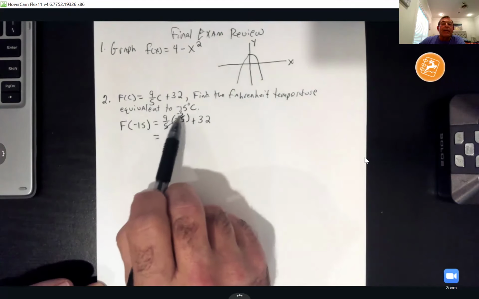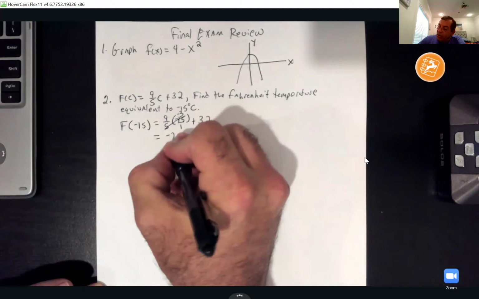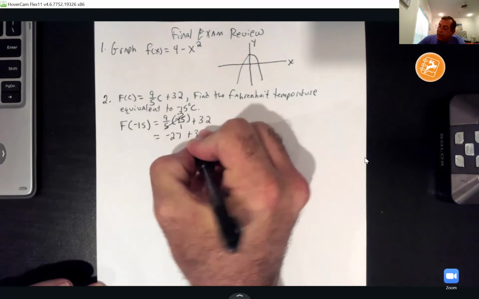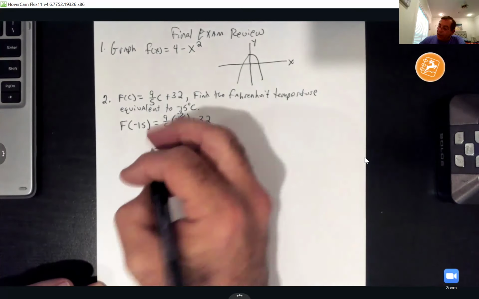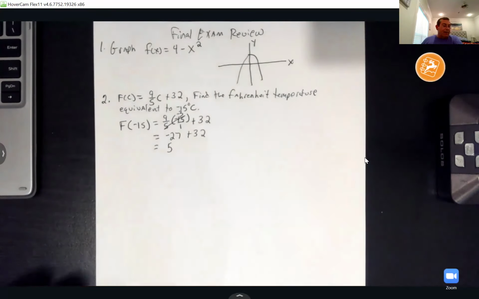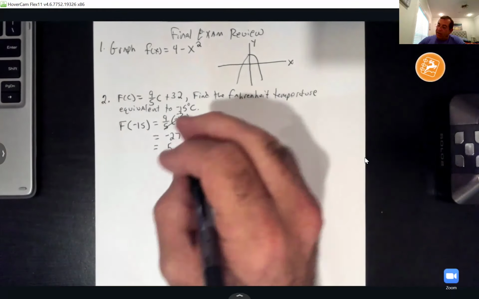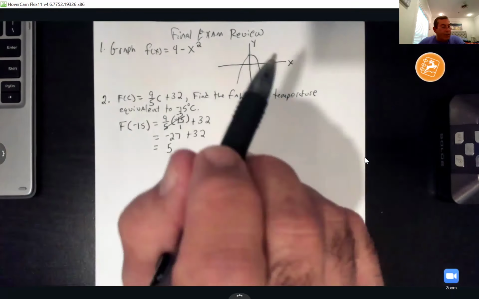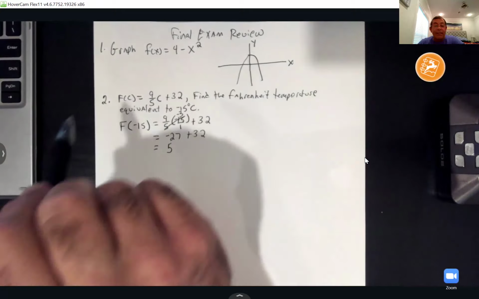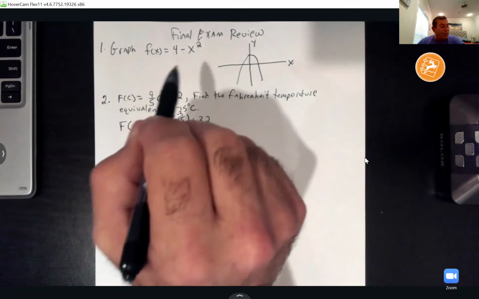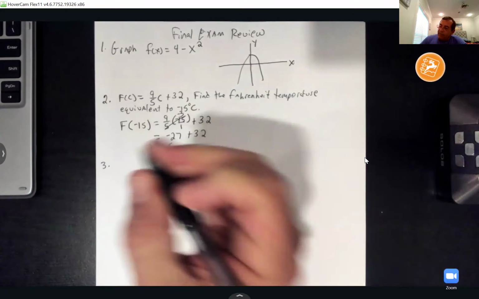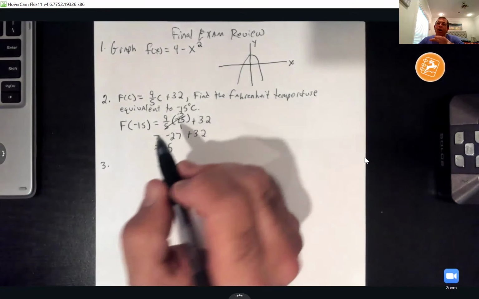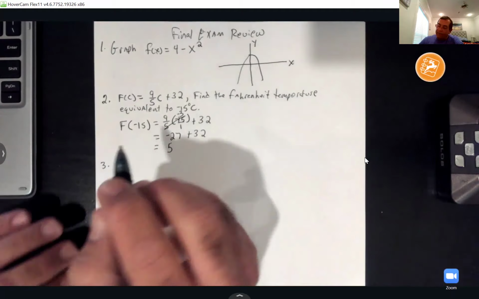So now I got 9 times negative 3, which is negative 27, plus my 32. And then negative 27 plus 32 gives me 5. So they'll have an answer, 5 degrees Fahrenheit, negative 76, negative 22, and negative 49, okay? So just plug in your number and follow order of operations.